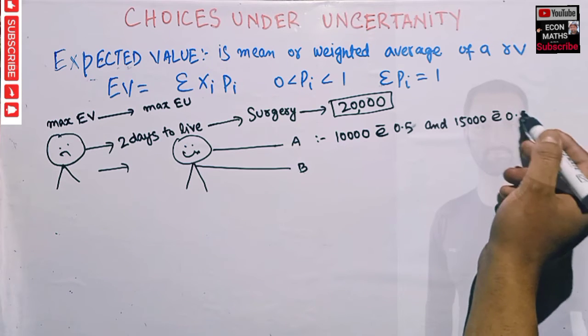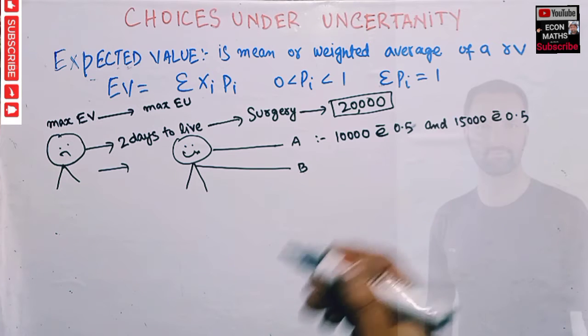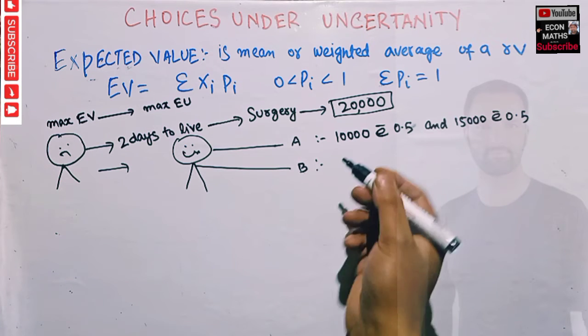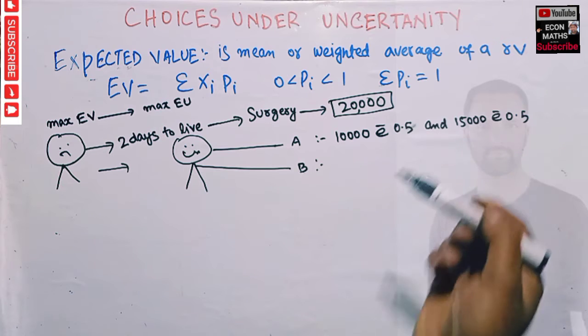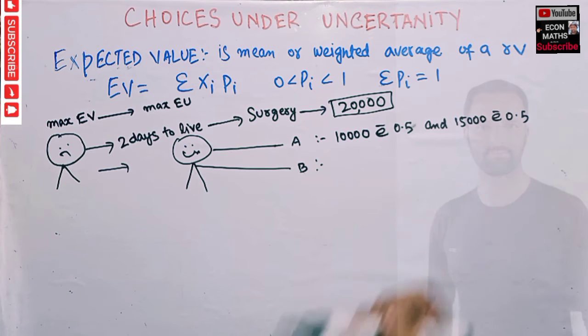I am using this notation; it is not any standard notation. I am just trying to make it clear for you. So this is gamble A. He either receives $10,000 or $15,000 with the same probability.